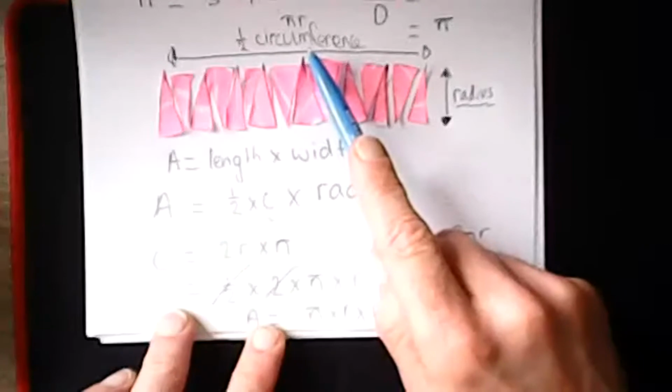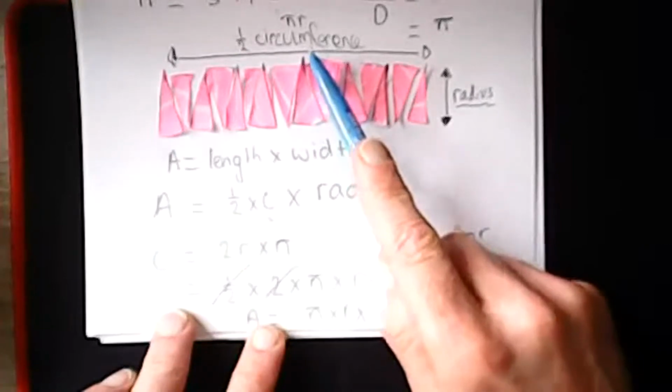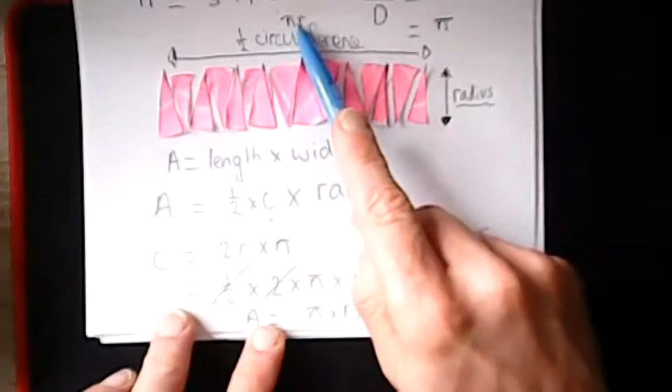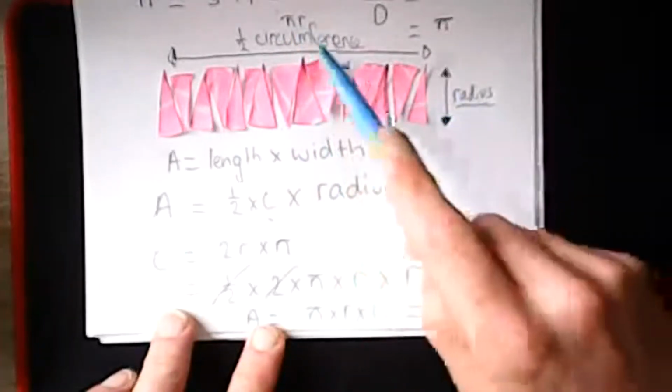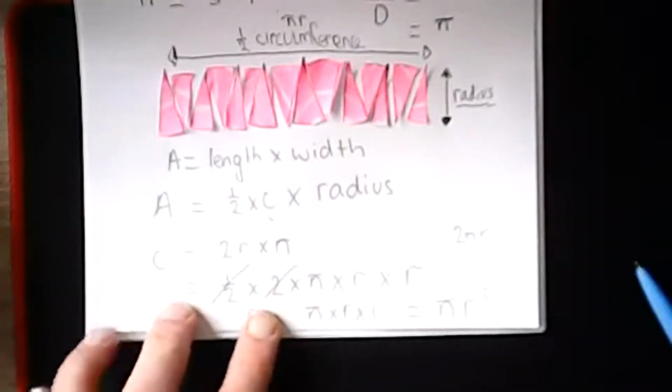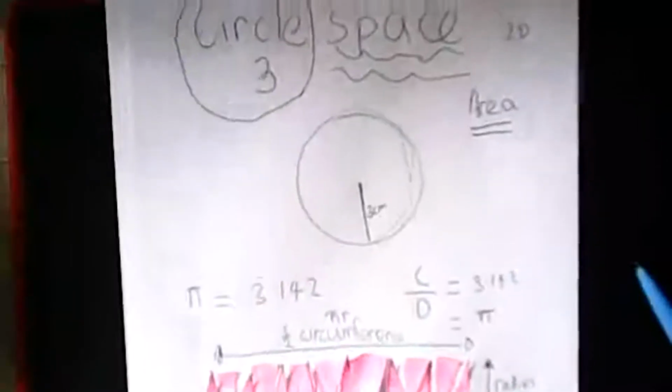The circumference of the circle is 2 pi r, so half of the circumference is pi r, and if we multiply pi r with r, we end up with pi r squared. Boom-tastic! What a fantastic formula, and that has to be my favourite bit of maths at GCSE.